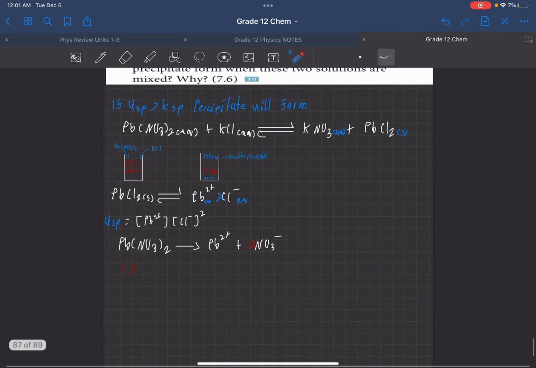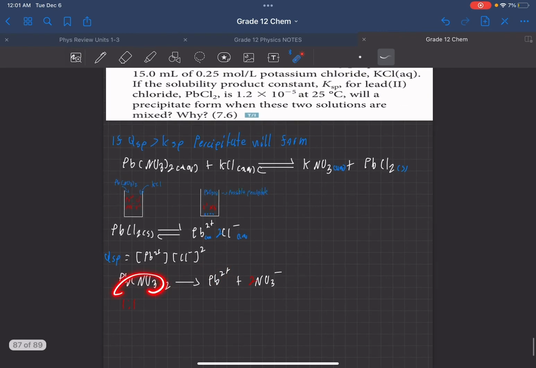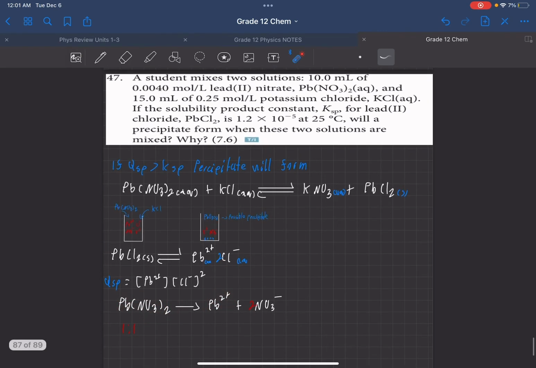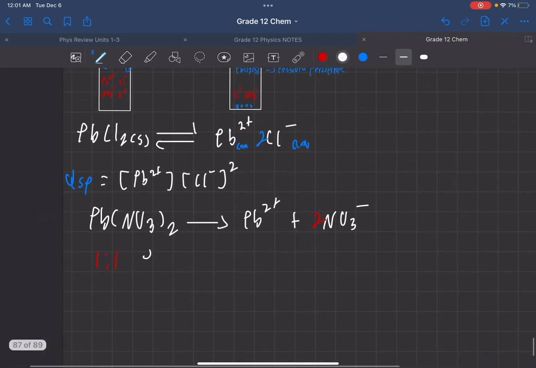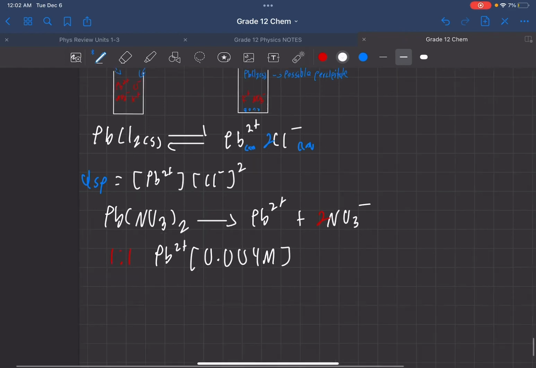So for every lead 2 nitrate, there is one lead ion that forms. Therefore, because we have 0.004 molar of lead 2 nitrate, the concentration of Pb2+ is also 0.004 molar. It's the same thing.